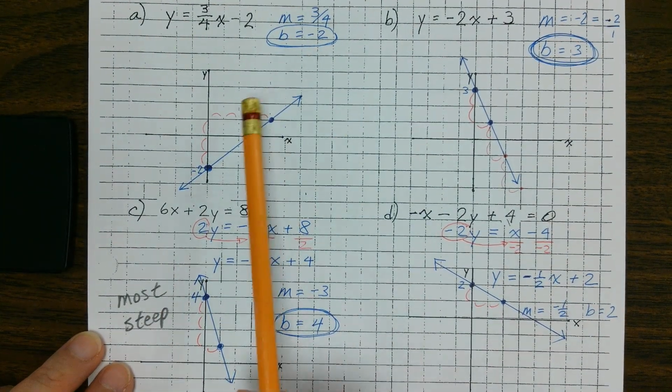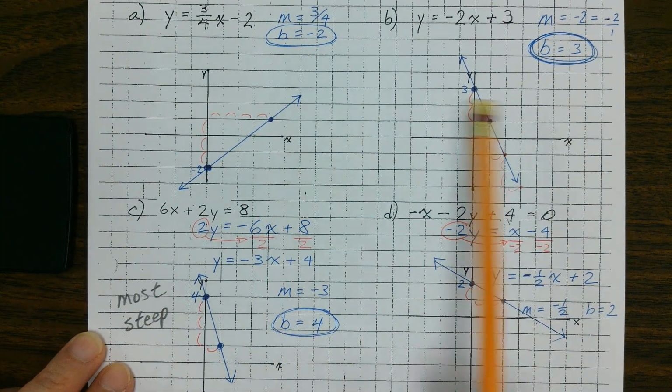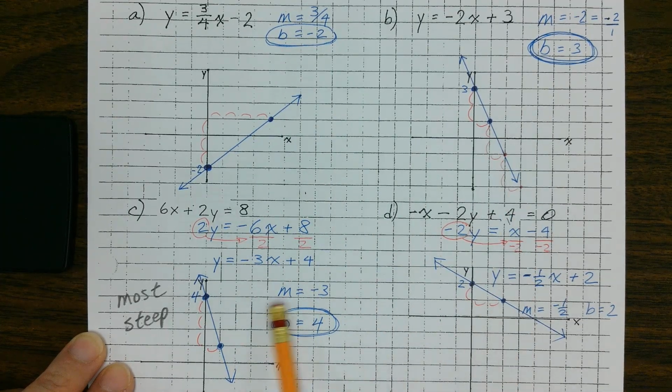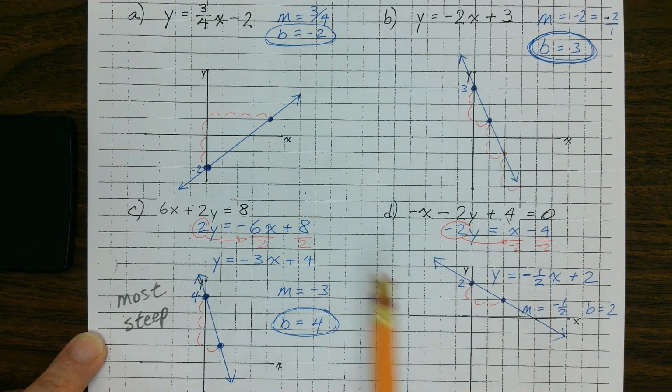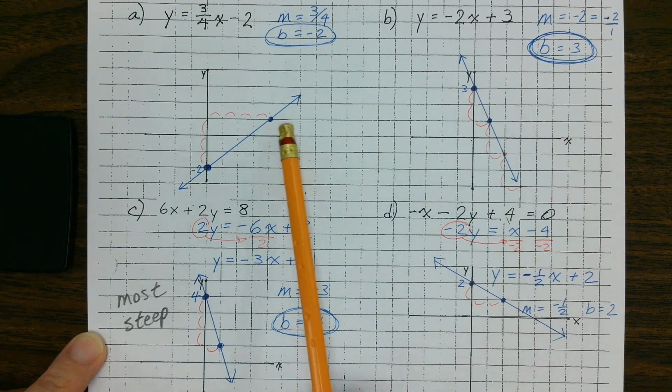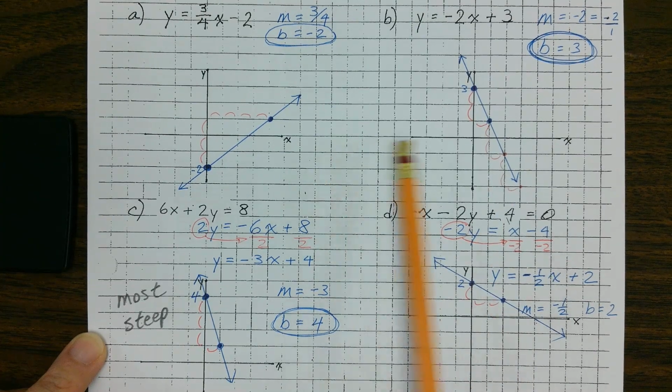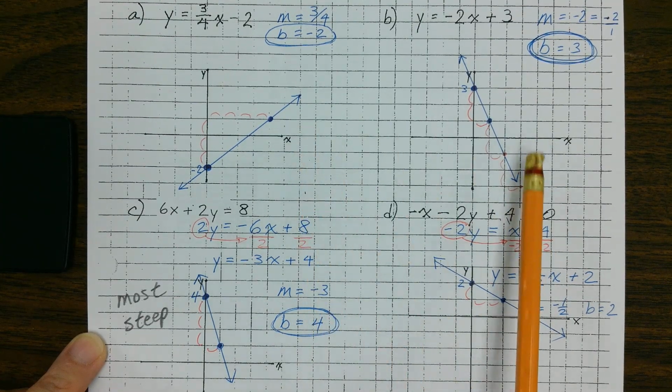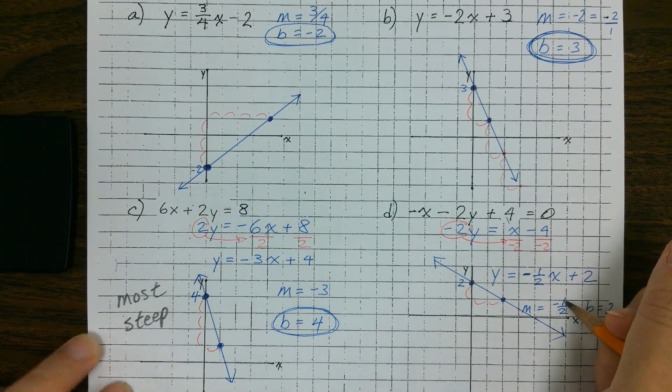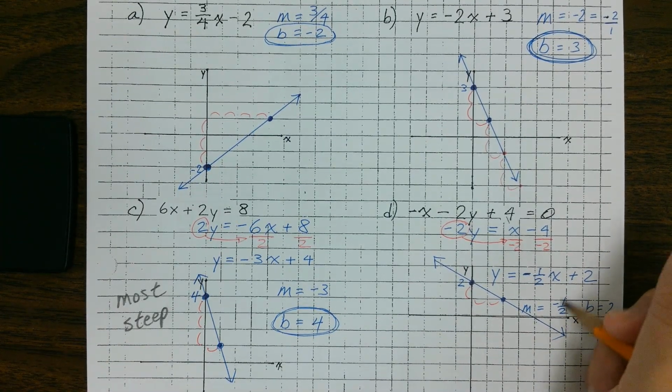Okay. And so which one is the least steep then? A, B, or D? Again, that's taking a look at your slope. D it is, because for D your slope is the smallest, 1/2.